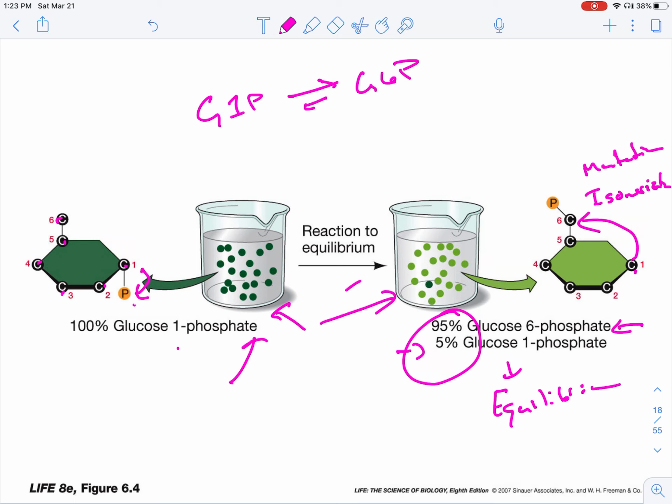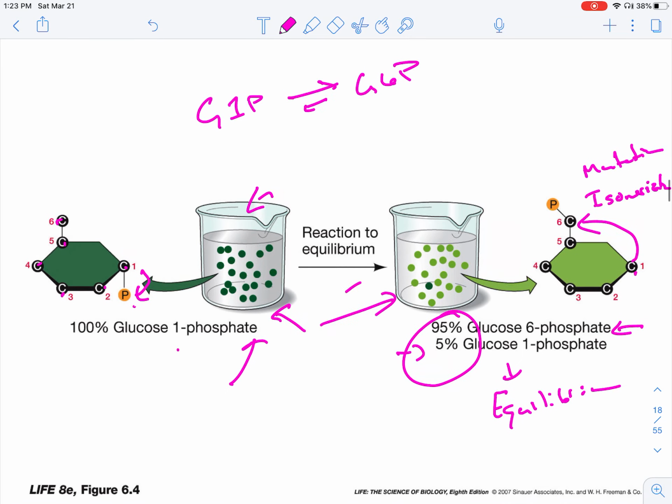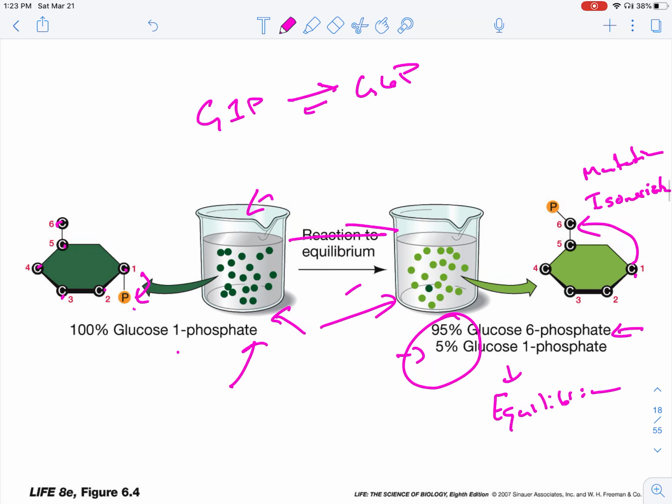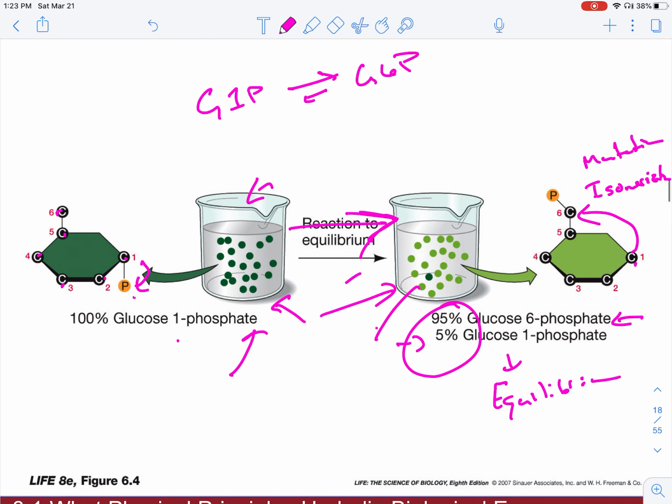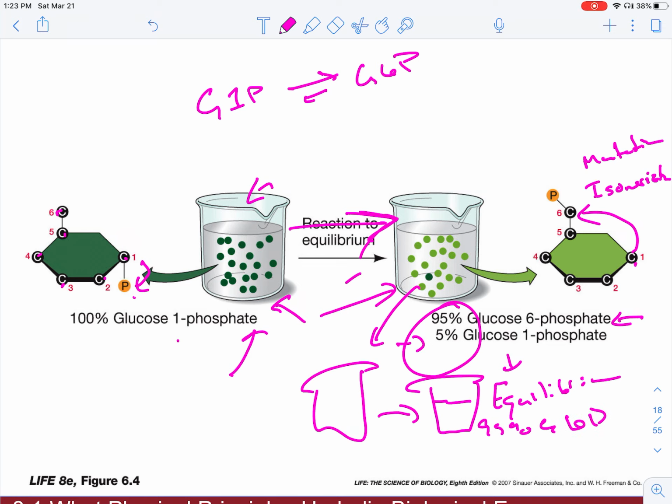So here, when we're starting with 100% glucose 1 phosphate, there is an energy that's pushing it towards glucose 6 phosphate. That is the delta G. Now, if we were to take that 5% glucose 1 phosphate and isolate it and leave it in another beaker, we would see that in a week or however much time it takes, we would go back to 95% G6P, 5% G1P.